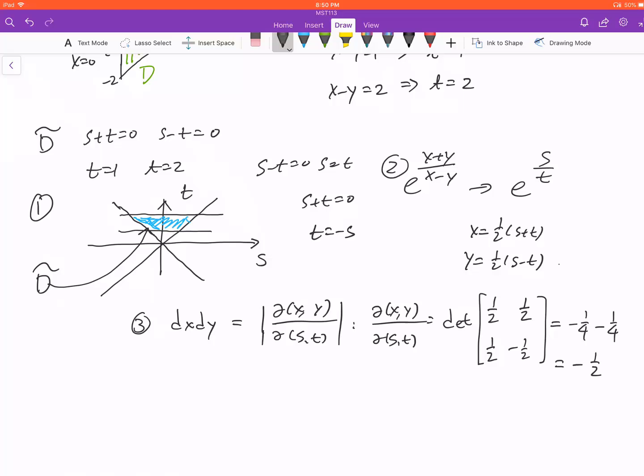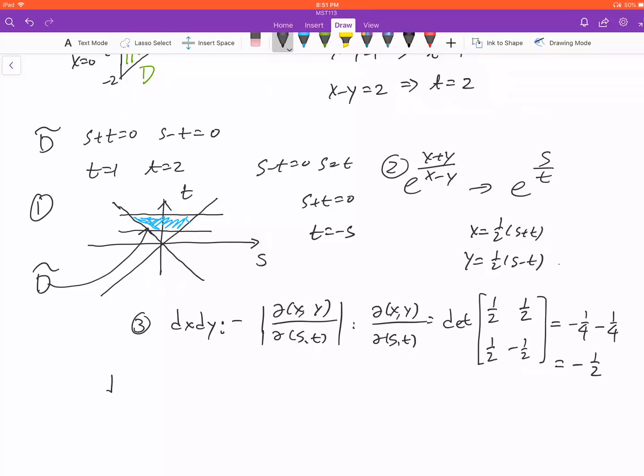So in order to find dx dy, we need to find this Jacobian. After we find the Jacobian, then we write down dx dy.